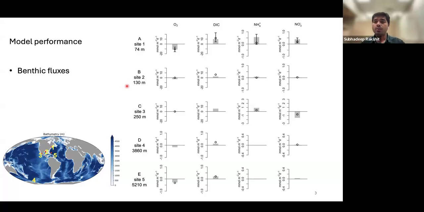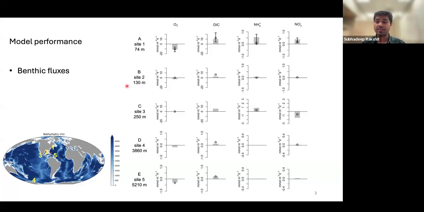So for the nitrogen cycle parameters, most of the parameters are essentially constant, so we do not really vary them. We have nitrification, NMOX, and denitrification. These are the three nitrogen cycle processes. The rate constants for nitrification and NMOX are constant throughout the seafloor.